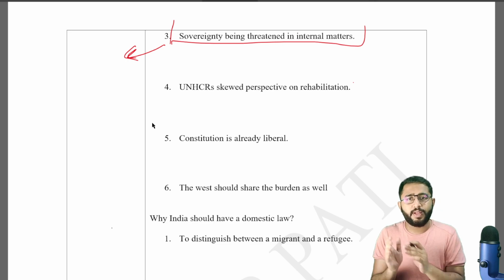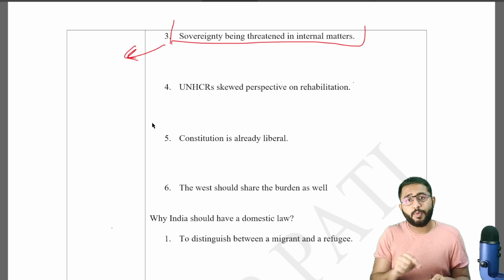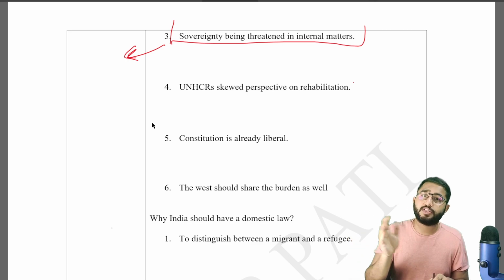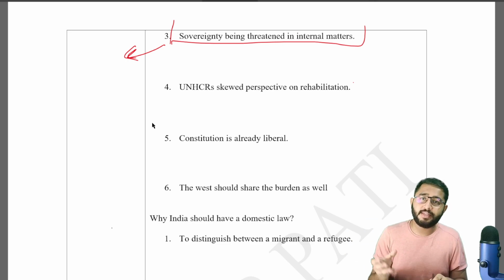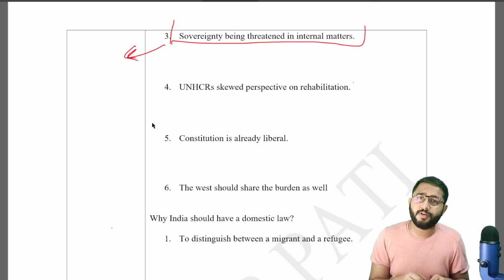Now, what if UNHCR goes ahead and gives him the refugee status? That means UNHCR suddenly recognizes that this person has come from a country called Kashmir and now he's seeking refuge in India. By doing so, they are calling Kashmir a separate part, and by doing so, they are threatening the sovereignty of India.